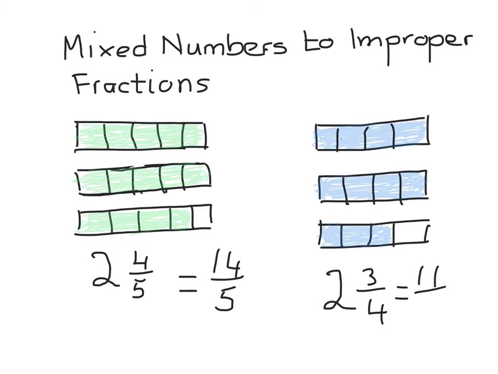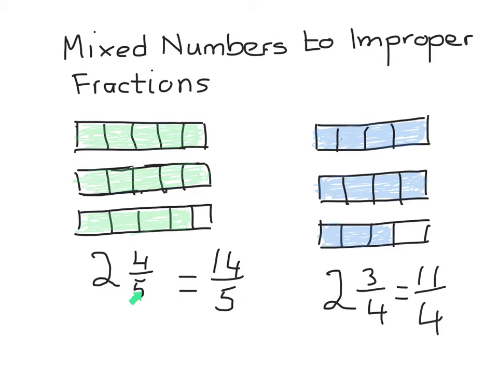11 quarters. Now, instead of having to draw diagrams all the time, which will take quite a lot of time, have you seen a connection here? Have you seen a pattern of what you can do each time simply to go from here to here and from there to there? If you didn't have the pictures, okay, I hope some of you have spotted it.